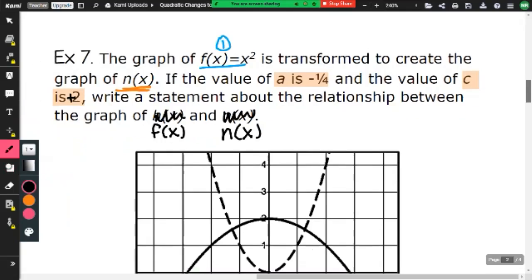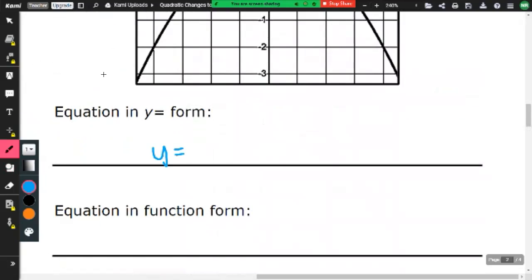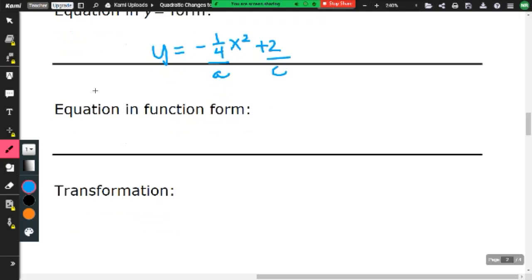All right, how do I write this in y equals form? Plus 2. 2 is my value of C, -1/4 is my value of A. Okay? We have to be careful because we do have a fraction. The new function is n of x.